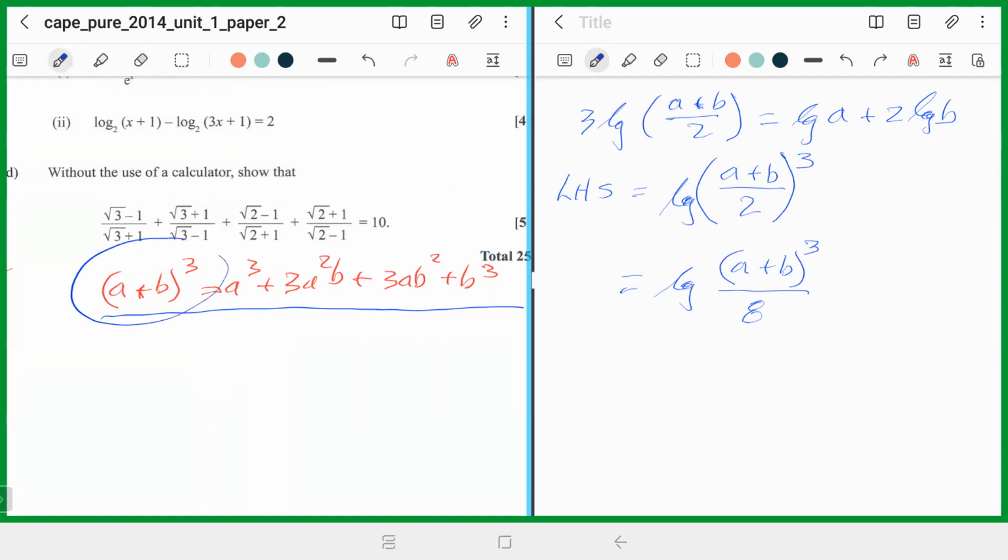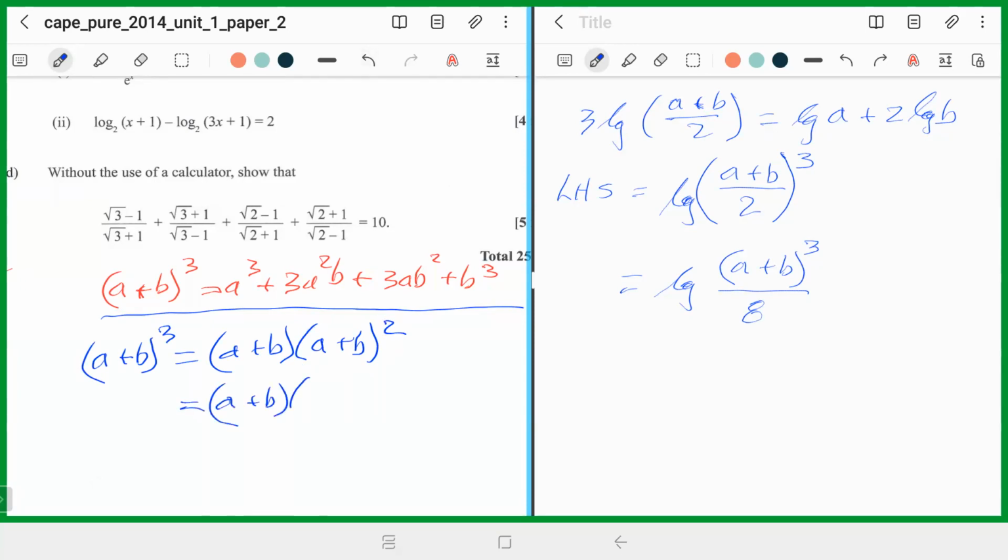So (a plus b) cubed is the same as (a plus b) times (a plus b) squared, isn't it? We'll expand the part here. So I'm going to get (a plus b) times (a squared plus 2ab plus b squared), which everybody knows this expands to that.